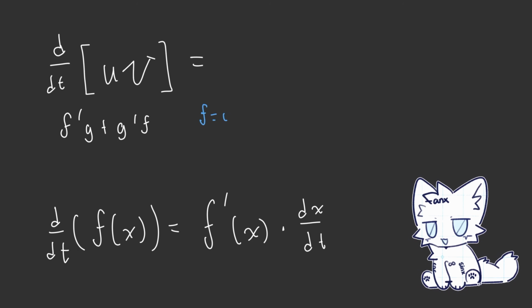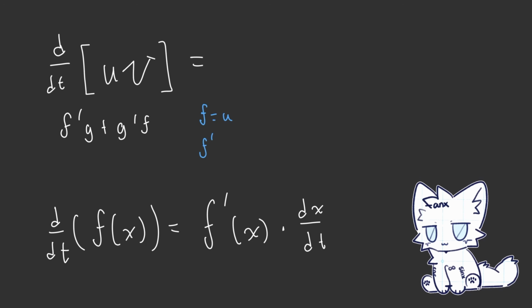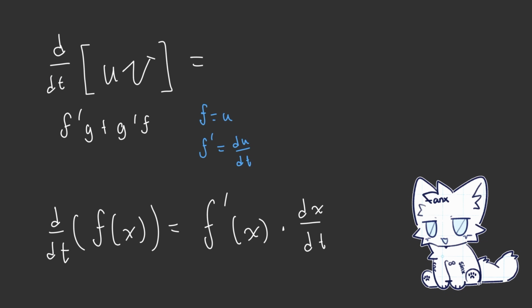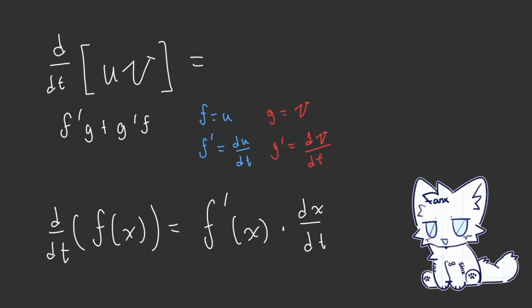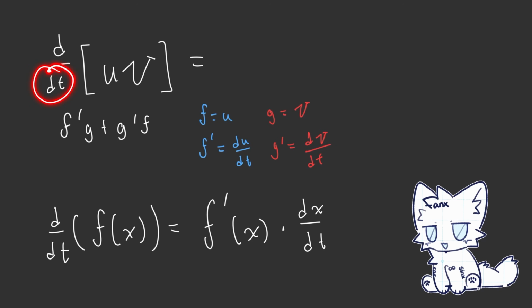F can be u, f prime would be du with respect to time. And g can be v, and g prime would be dv with respect to time.